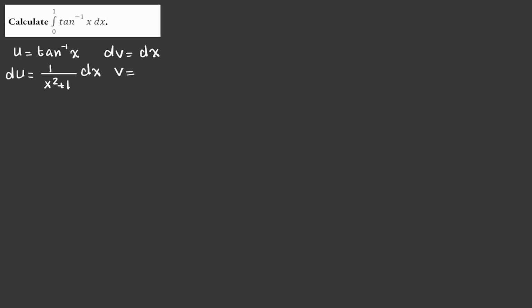v is just going to be the integral of dx, and there's a 1 in front of it, so that only obtains the variable x. Now inputting that into the integration by parts equation, u times v gives you tan inverse of x times x, minus the integral of v, which is x, times du, 1 over x squared plus 1 dx.